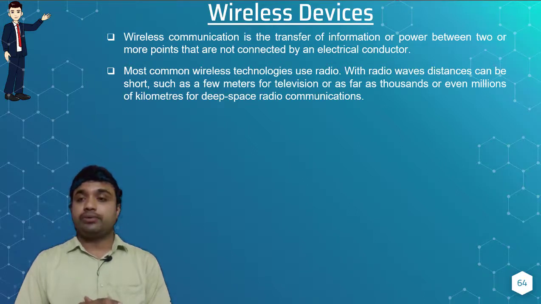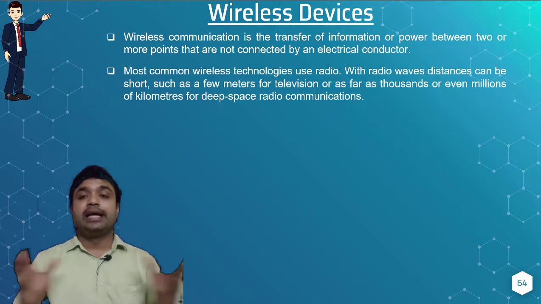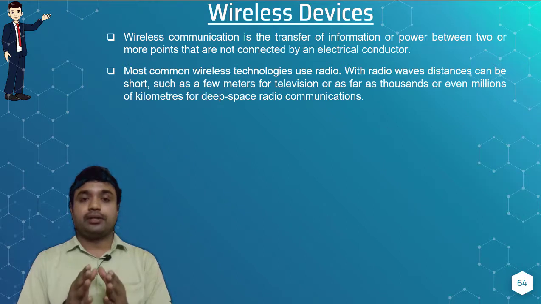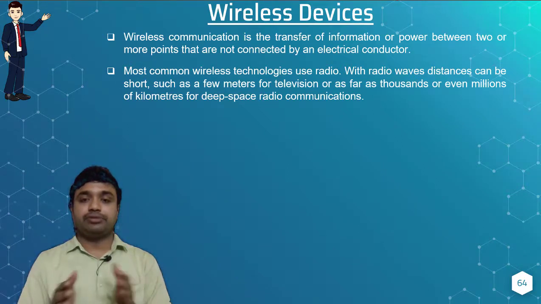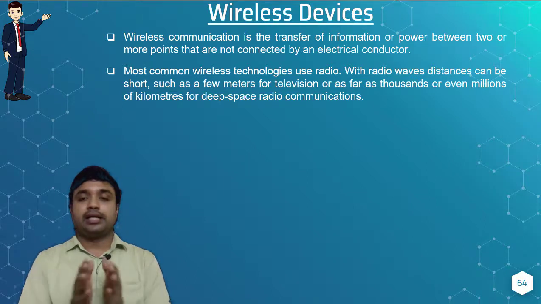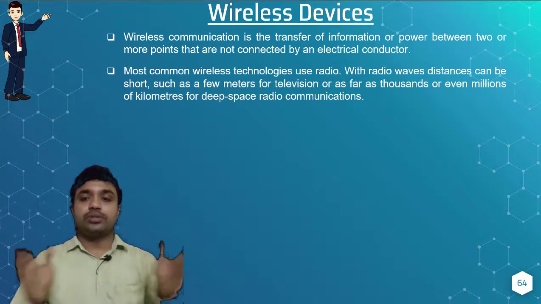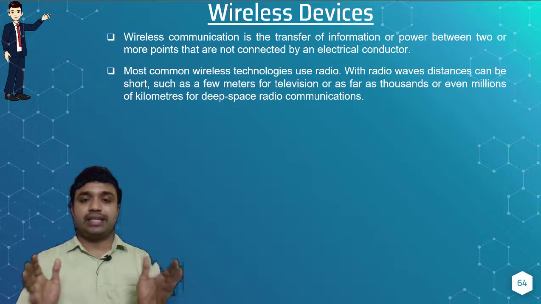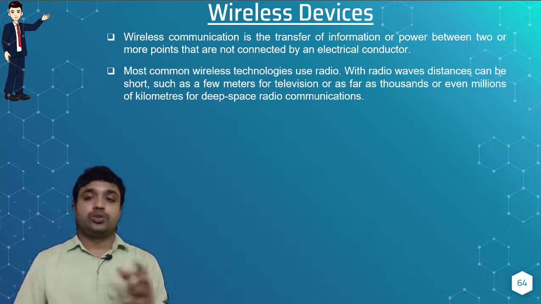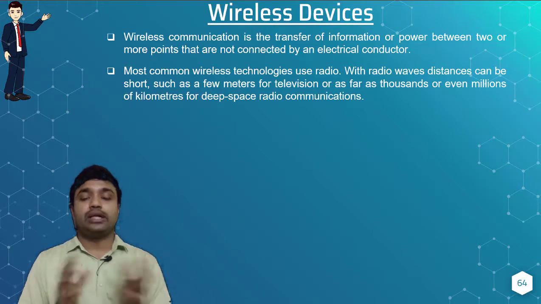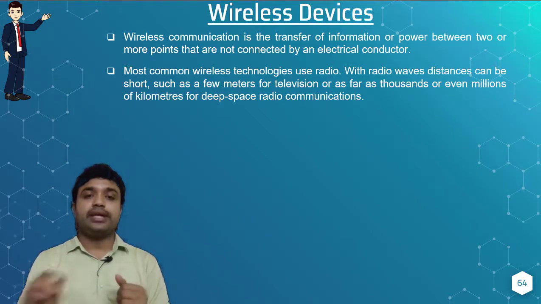With radio waves, the distance of the communication mechanism can be very short, that is a few meters for television to remote communication, or it can be extended to thousands or even millions of kilometers for deep space radio communications. So this is how wireless technology or wireless communication is implemented.